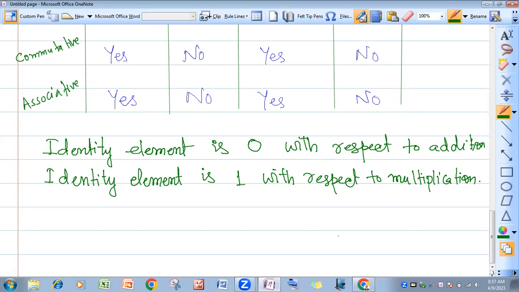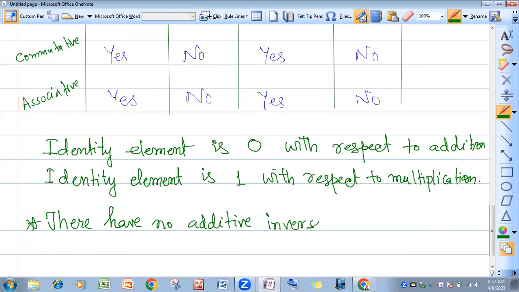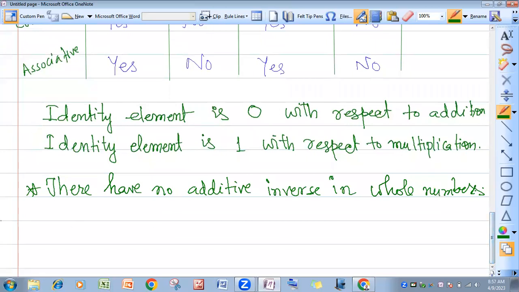Now additive inverse. There is no additive inverse in whole numbers, because the additive inverse of 5 is minus 5 in case of integers.